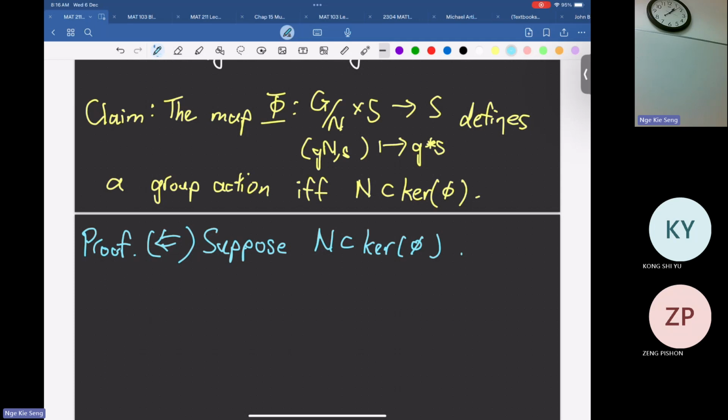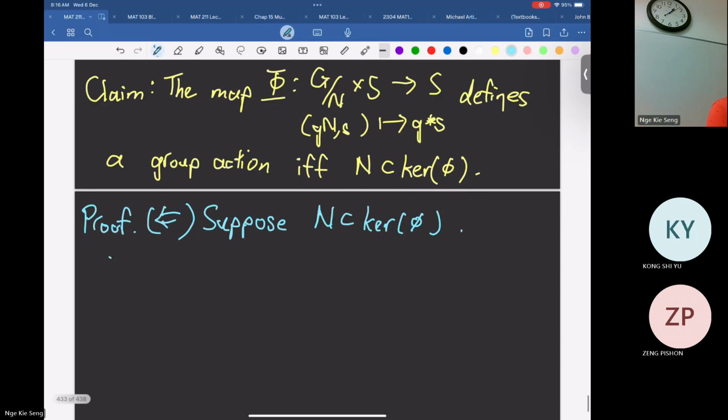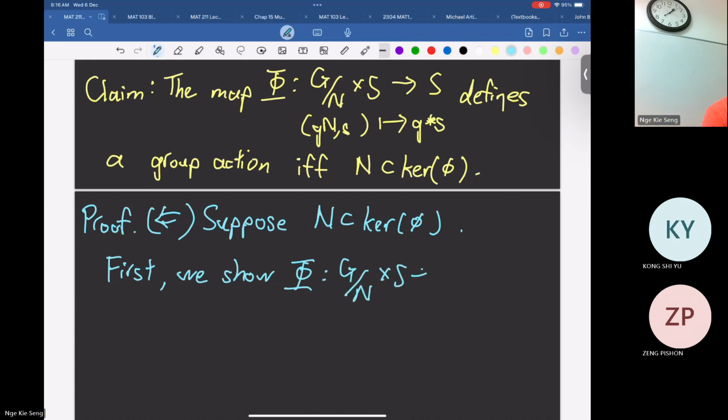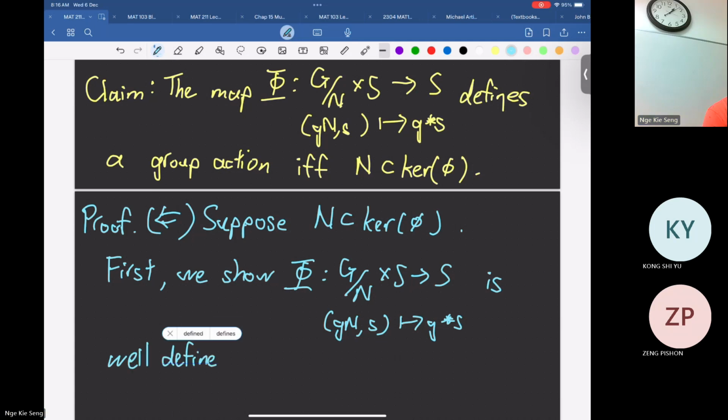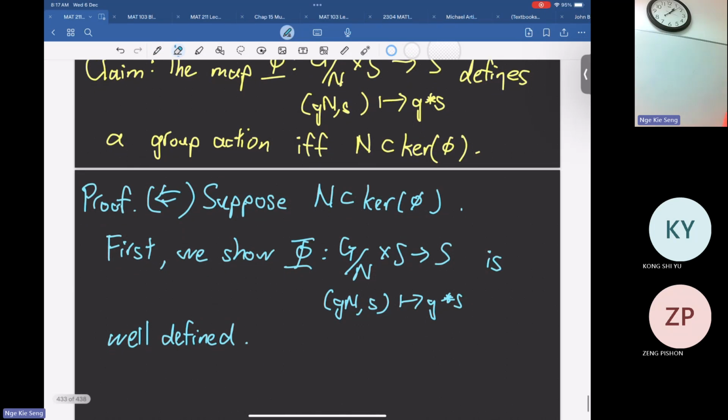Okay. So let me write it up. First, show that this phi map is well defined. Okay. So how to show this map is well defined?